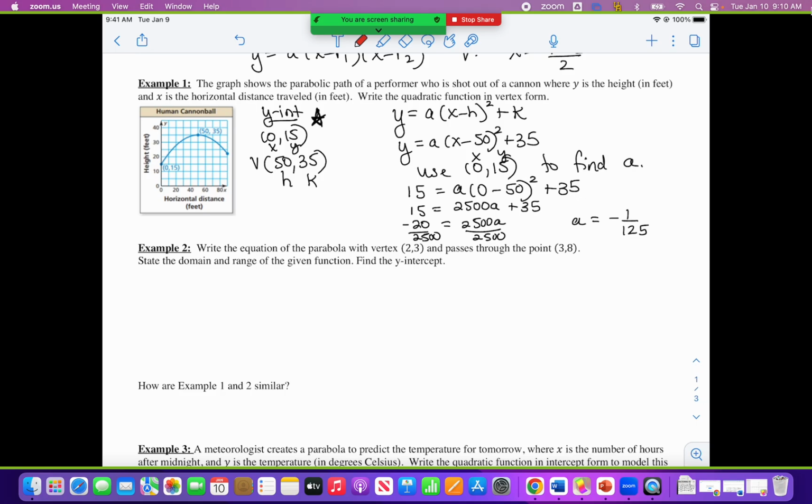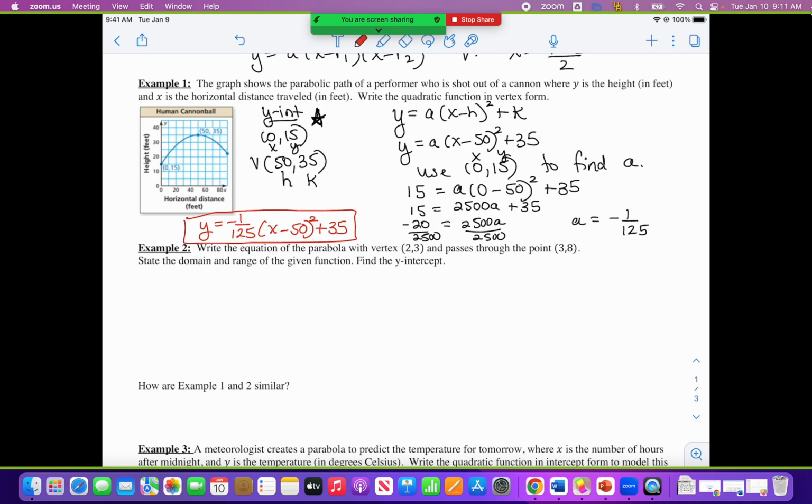Have I written the quadratic function in vertex form? Not yet. I just found the a value. So this is going to be y equals negative 1 over 125 times x minus 50 squared plus 35.